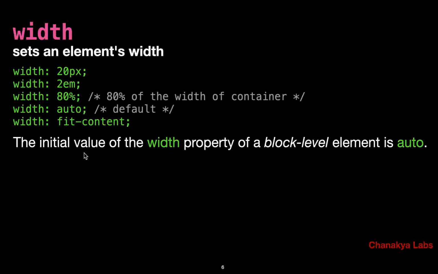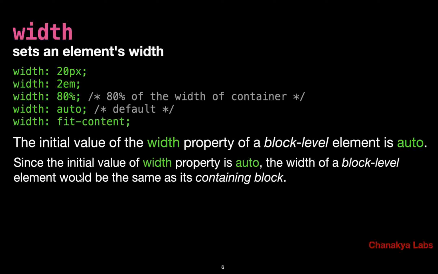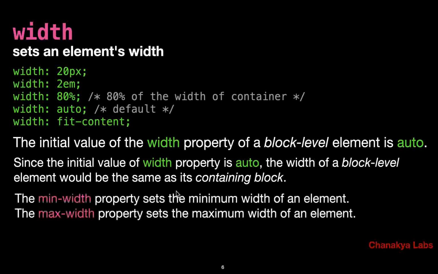This we already discussed, that the initial value of any block level element like div will be auto, and auto means that it will take 100% of the containing block, whatever is the available space.